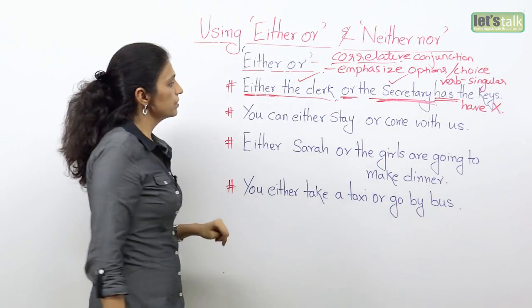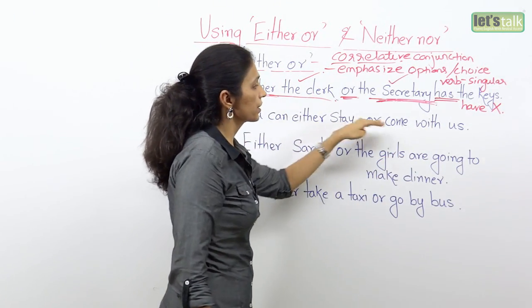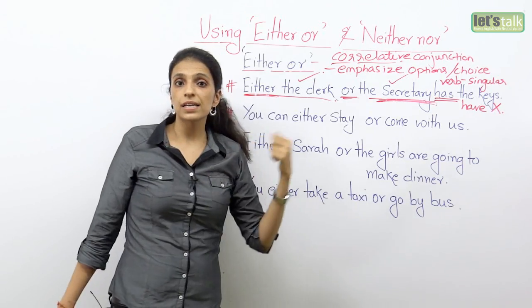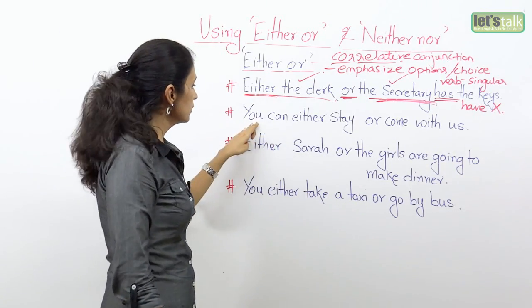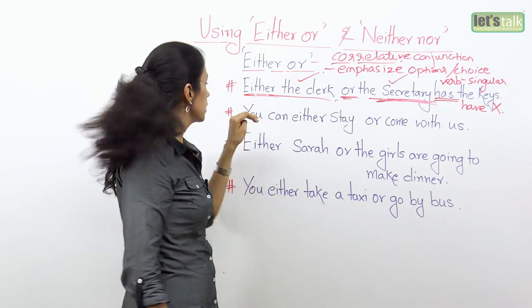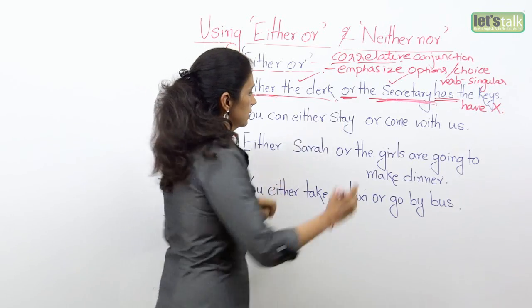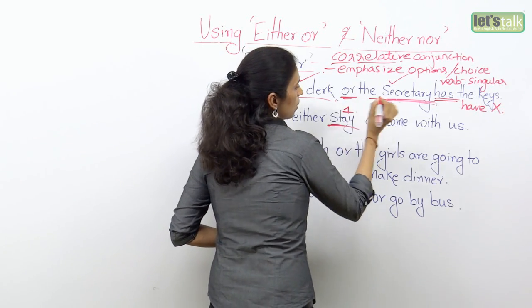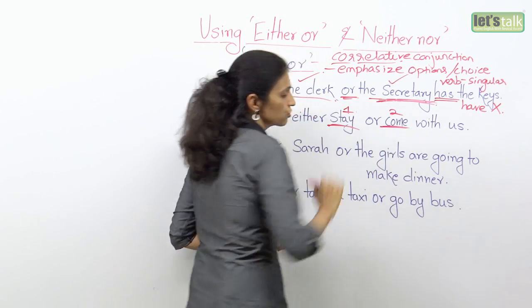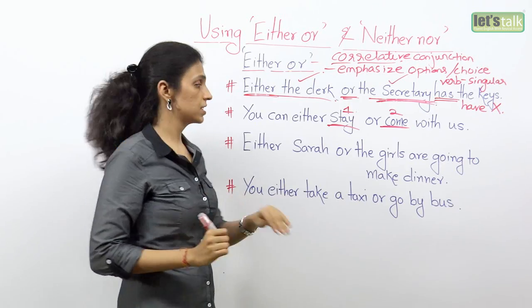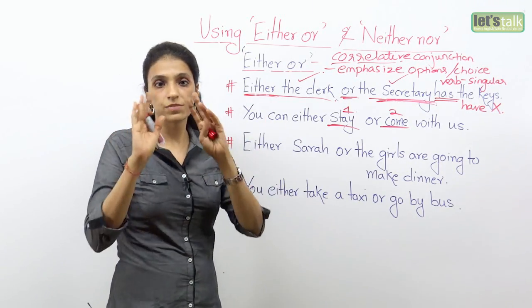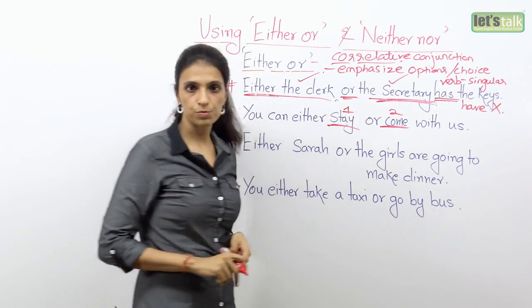In my next example, you can either stay or come with us. Now I give my little cousin an option. I give him two options. You can either stay, so this is option 1, or come with us. This is option 2. You make a choice. No other options. I'm emphasizing two options.